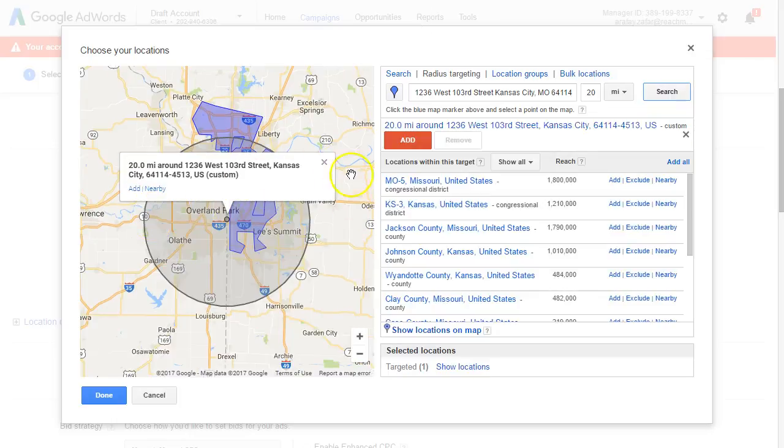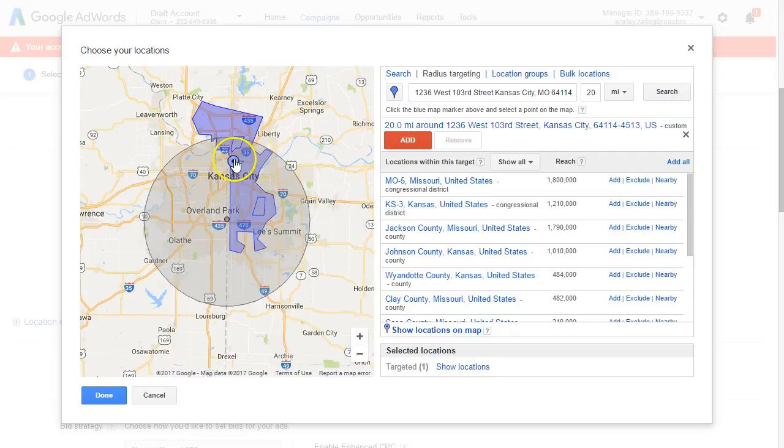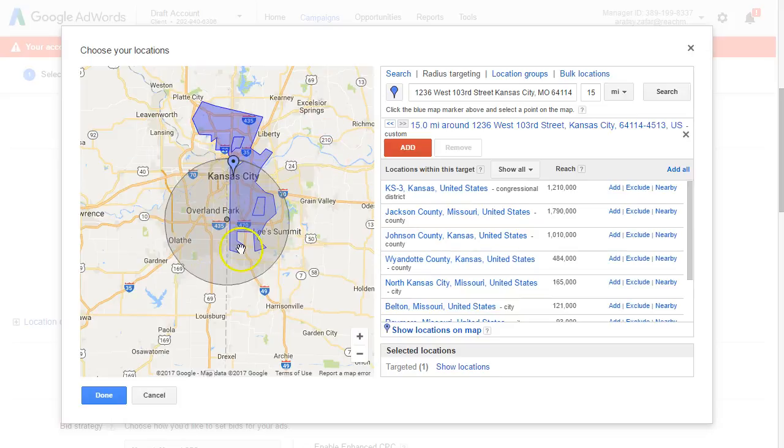This is Kansas City, this is the office. And if we reduce that to something more appropriate for a dental office, I would say 15 miles is enough. And so there you have it. This is where your ad is going to show up.